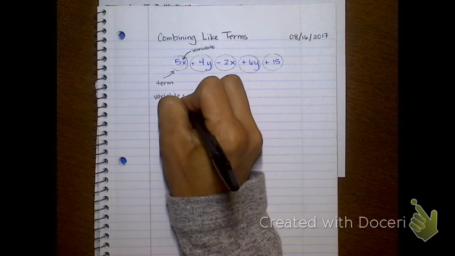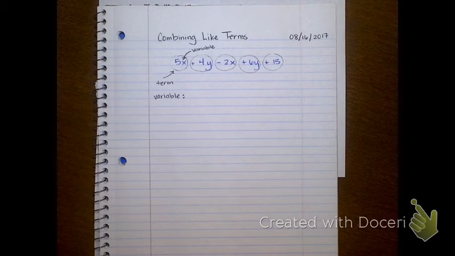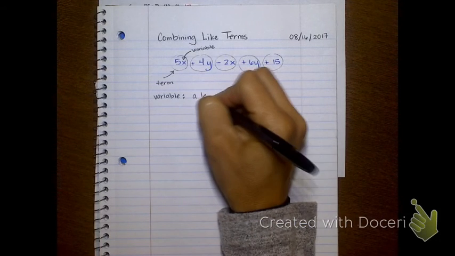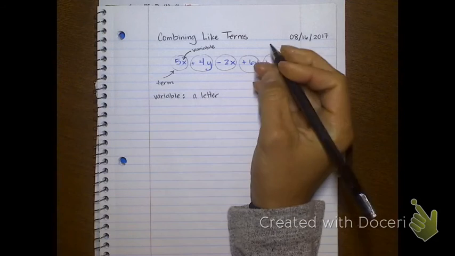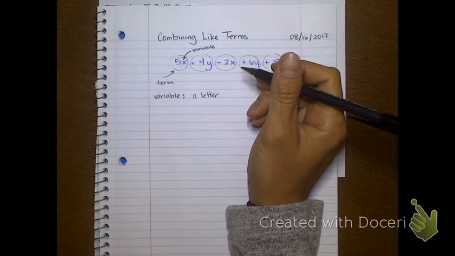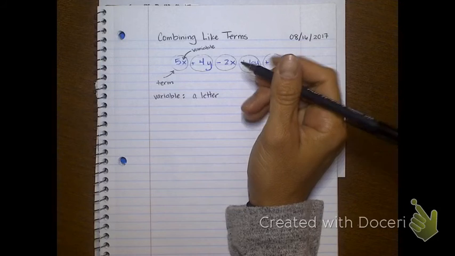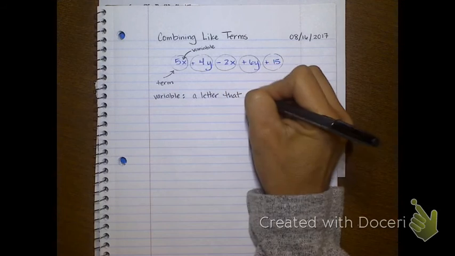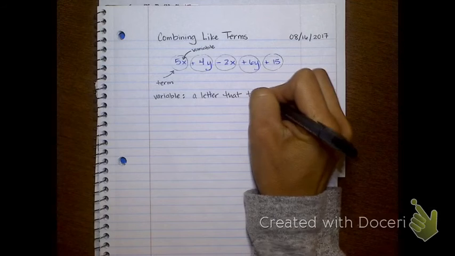Why do we use variables? Yes? Yeah, we're trying to find a missing number, right? So a variable is just a letter that takes the place of, or represents, an unknown number. Maybe a number that eventually we want to know. Okay? So it is a letter that takes the place of a number.